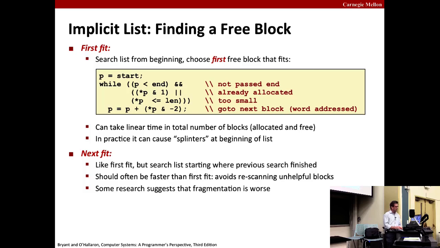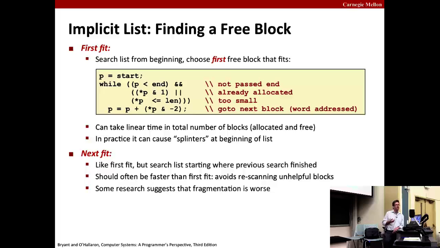Now, some people have proposed an alternative called next fit. The idea here is that instead of starting over each time from the beginning of the heap to find a block that fits, we just pick up where we left off the last time. So we scan the heap till we find a block that's big enough to satisfy the request, and then we remember where we left off. And the next time a request comes in, we pick up the search starting where we left off.